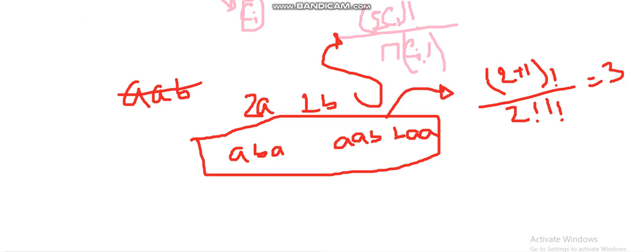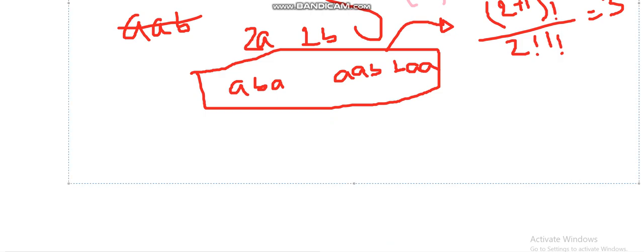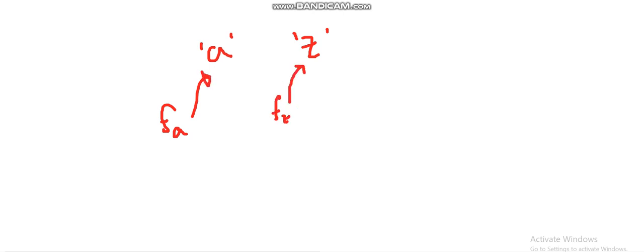Now how can we solve it with the given formula? Let's say we count the frequency of every character from A to Z. Let Fa be the frequency of A, and Fz be the frequency of Z. So we can take from 0 to Fa characters from here, and 0 to Fz characters here.